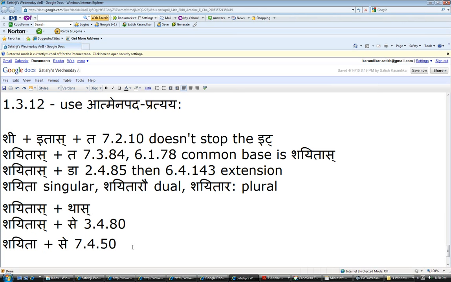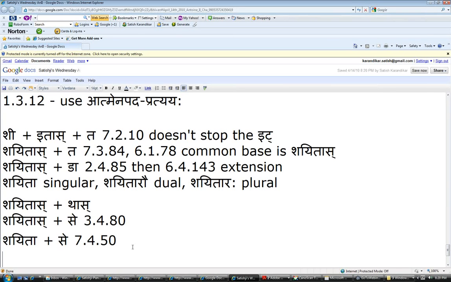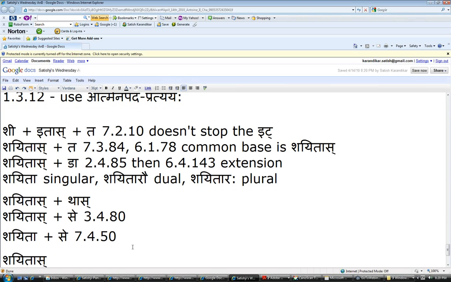And now comes the next one, which is what? We have Shayitas plus the Atham. Again, we use this 3-479 to make the T bhagaha. So we actually start with the Atham. Always start with the default pratyaya and then only make the changes. Try not to skip any steps.